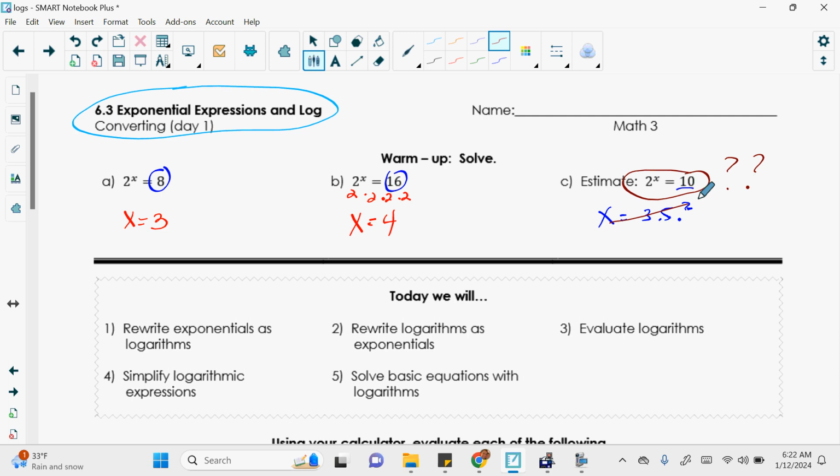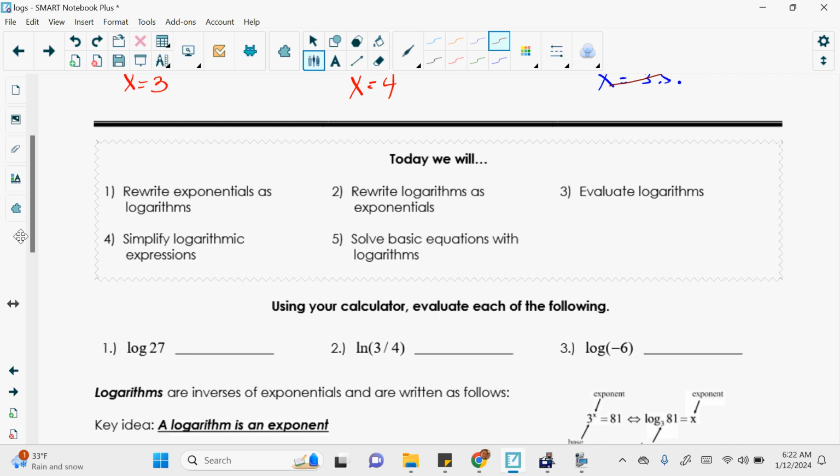By the end of the video lesson today, we want to be able to do a couple of things. Number one, rewrite exponents as logs. We're going to rewrite logs as exponents. So we're going to go back and forth, because exponents and logs are both really the same thing. It's just another way to observe or see those things. Then we're going to do something called evaluating.